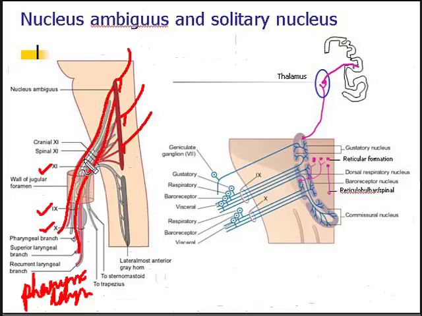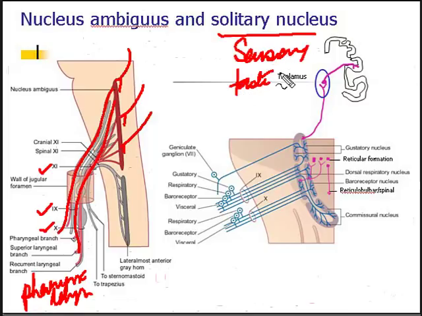And then here is that solitary nucleus that I was mentioning. This is a sensory nucleus for taste. So information is going to it, it doesn't exit from it. That information is through the 7th, through the 9th, and through the 10th. If I take the tongue like this, ignoring all of these others, this is the anterior part of the tongue, and this is the posterior most part of the tongue. Let me say that's the epiglottis.